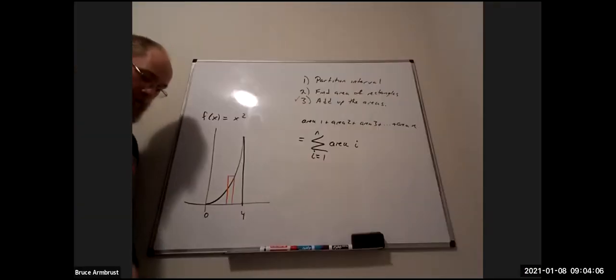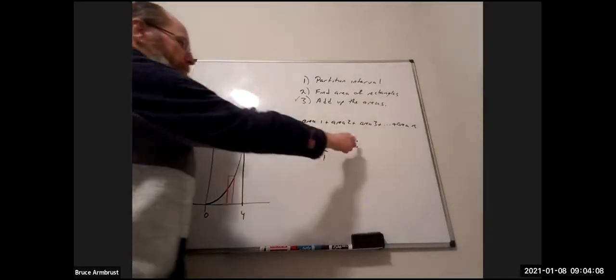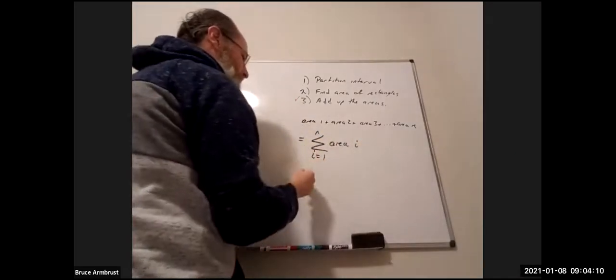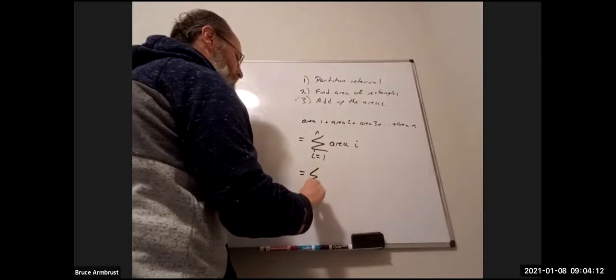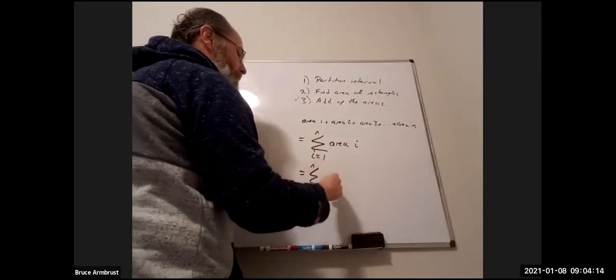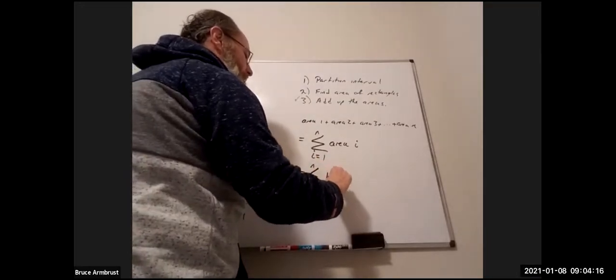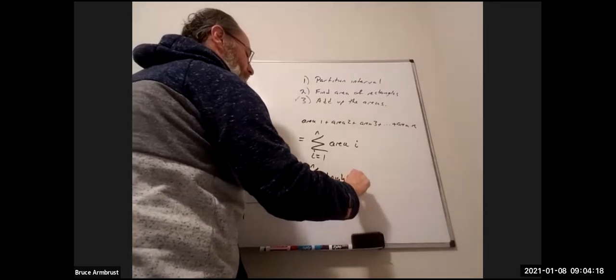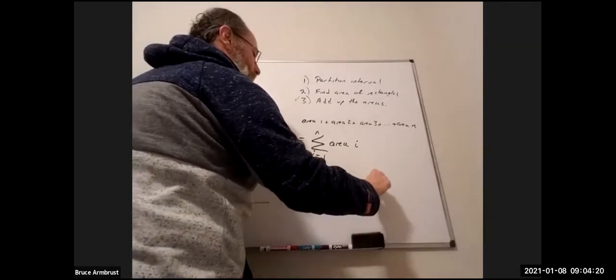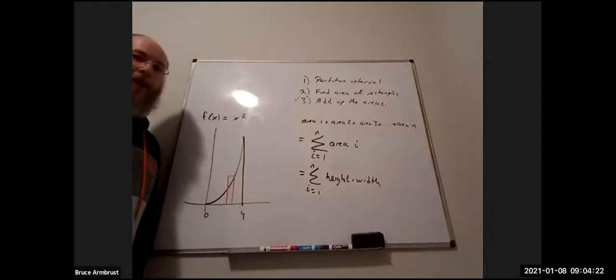Okay, so if I were to start breaking this down again, we're going to have our sum from 1 to n. But now what we need are the height times the width, right? Base times height.